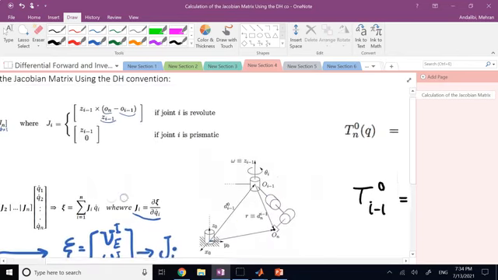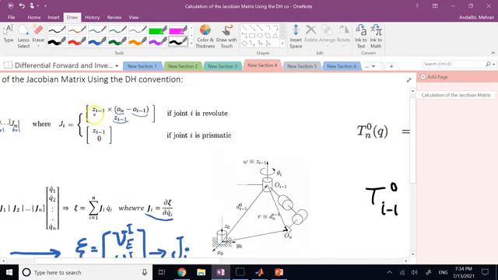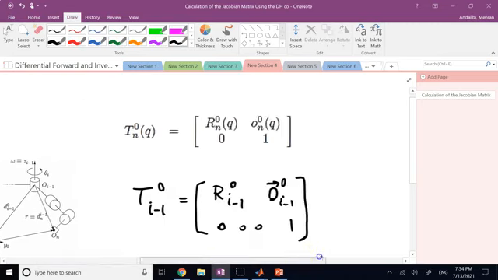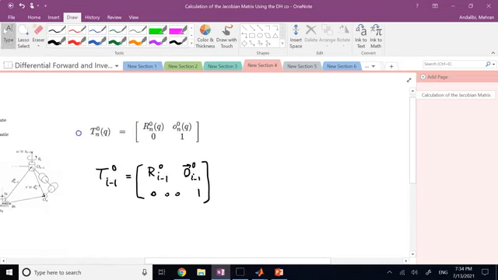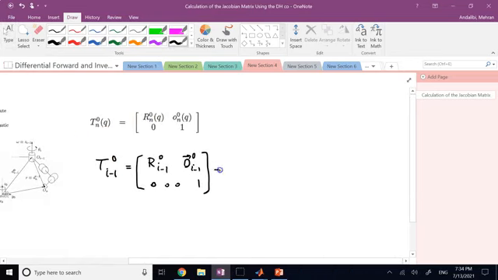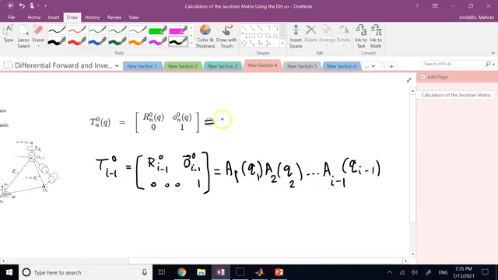Now, the question is, what do these Z's that are quite common in this formula have to do with this T matrix? And also that O, they are all i-1. First of all, how did we get this T matrix? If you remember, this was A1 of q1 times A2 of q2 all the way to A_{i-1} of q_{i-1}, while this one was from the beginning all the way to the end.